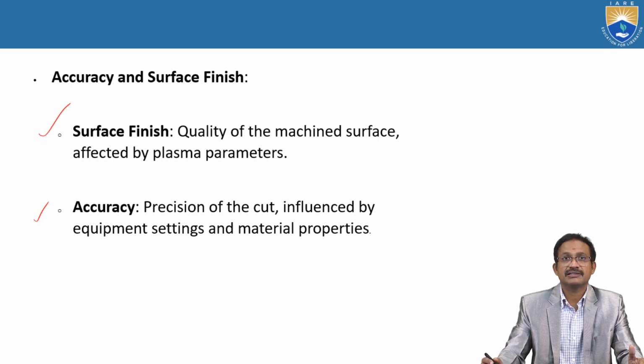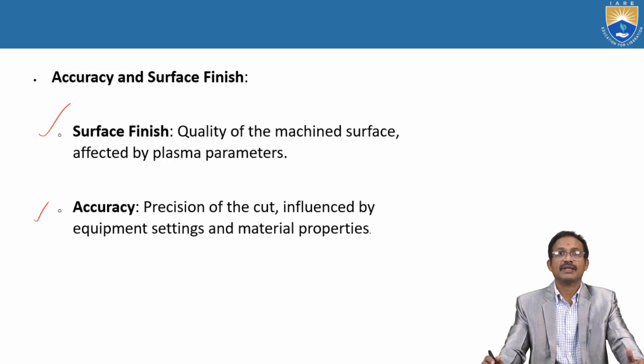For all materials and material behaviors and properties, we do not always get good surface finish and accuracy. But with non-conventional manufacturing methods, we can obtain good surface finish, accuracy and precision.